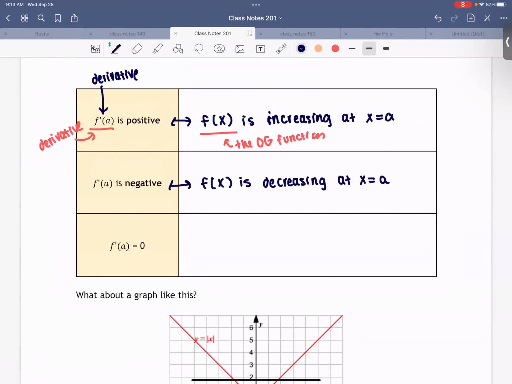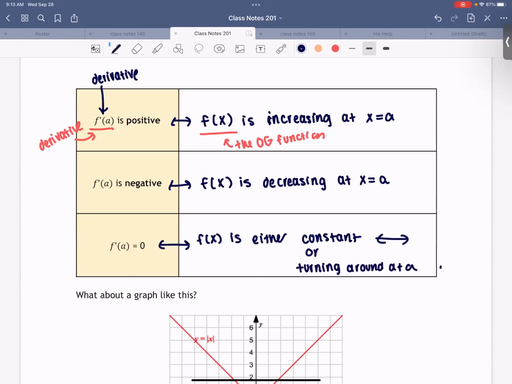Okay, and when the derivative is 0, it means that, okay, my function is either constant, it's not changing, or it's turning around. Okay, so here, f of x is either constant, and remember, constant functions look like a horizontal line, okay? Or it's turning around at a.